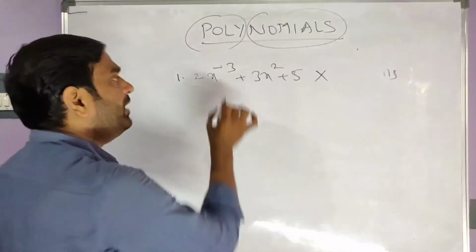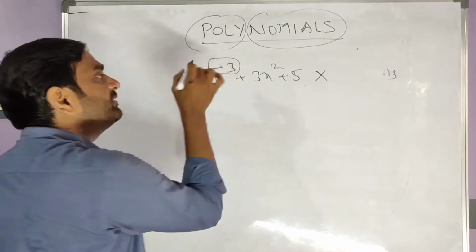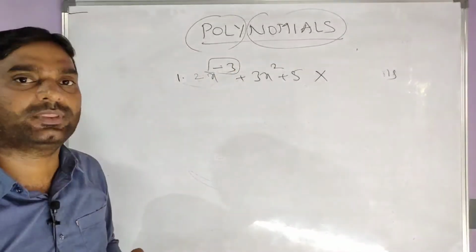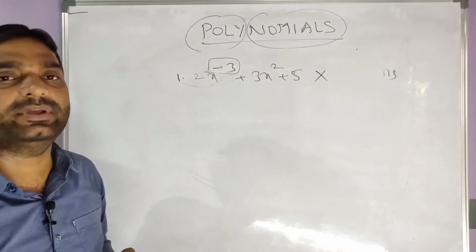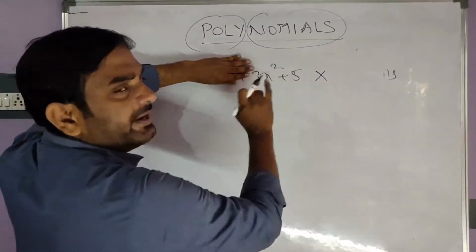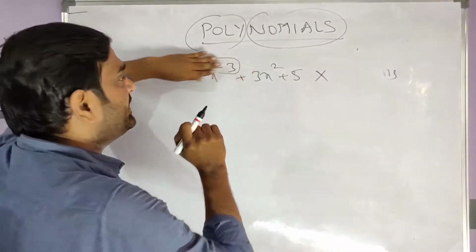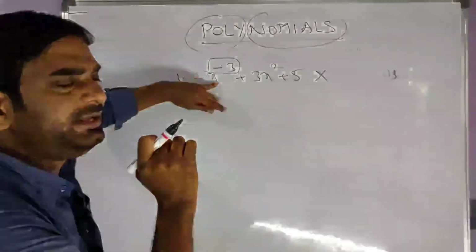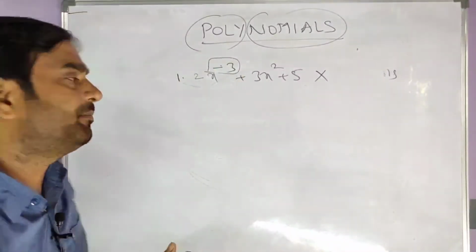No. Why? Because here this variable has a negative integer power, so it's not a polynomial. Is that clear? If you are given up to 3x square plus 5, it's a polynomial. But here a negative integer is given, so it's not a polynomial.